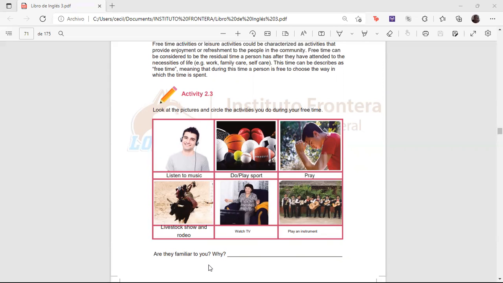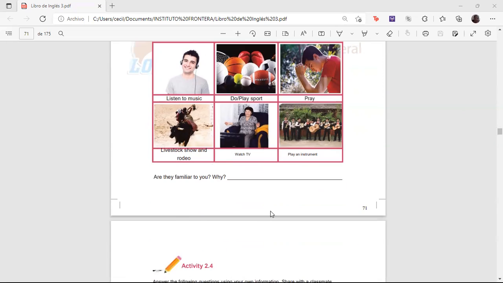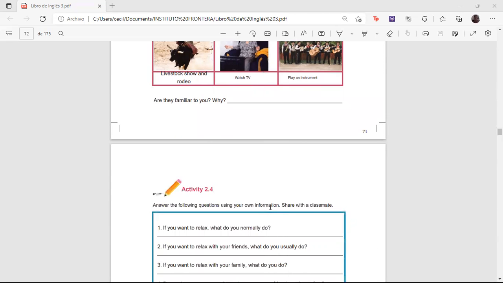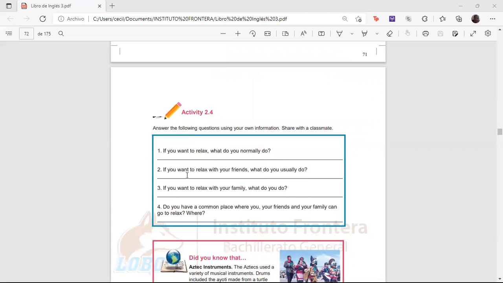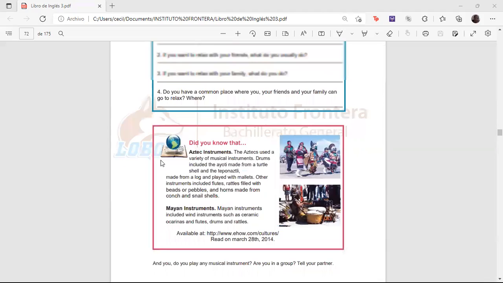It's something that is not new, you already know it. Okay, so if you say yes, it's okay, but if you say no, you have to answer why. Okay, now we're going to skip the next one, and we have this on page 72.